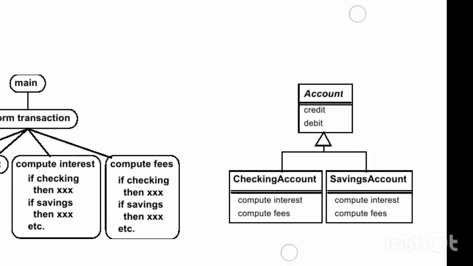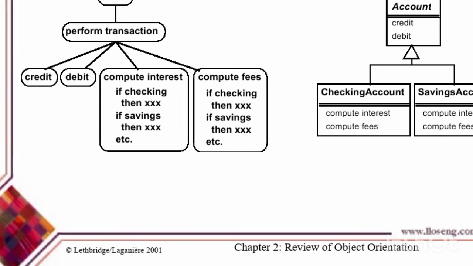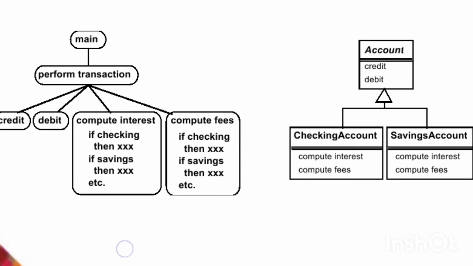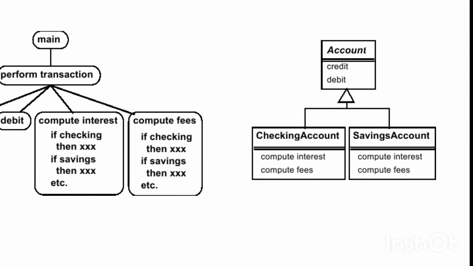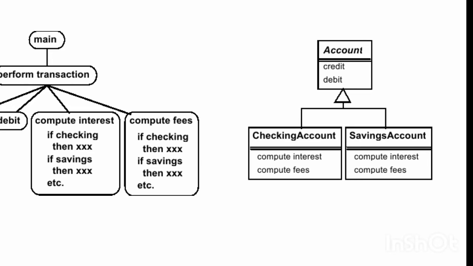Here we have a diagrammatic presentation. This is the procedural abstraction, in which we have the procedures compute interest and compute fees. This is the object oriented paradigm. Here we have the classes. An instance of the class is an object.